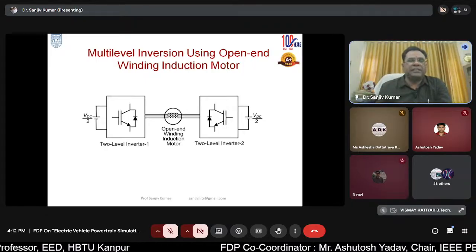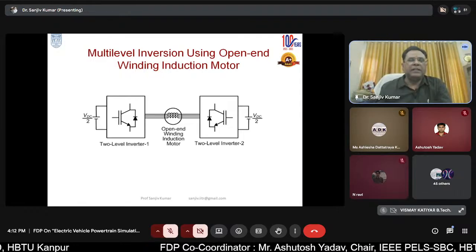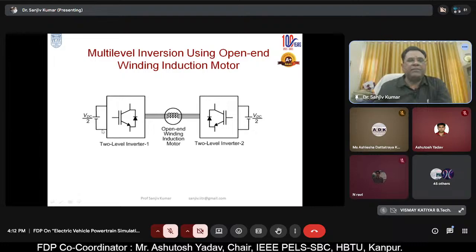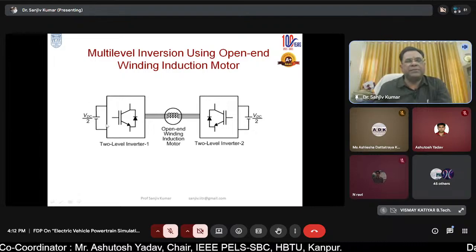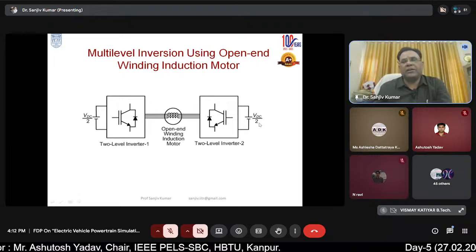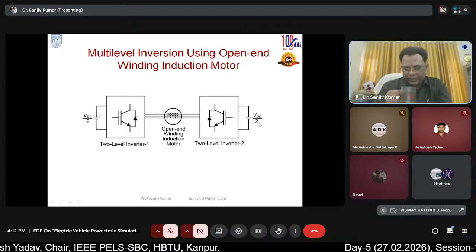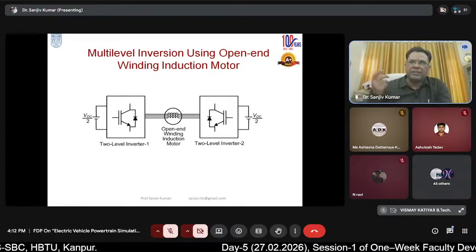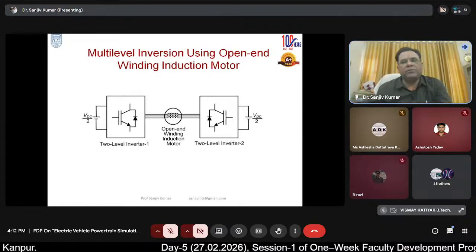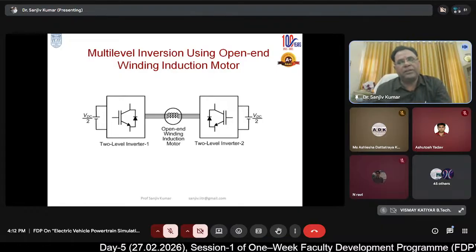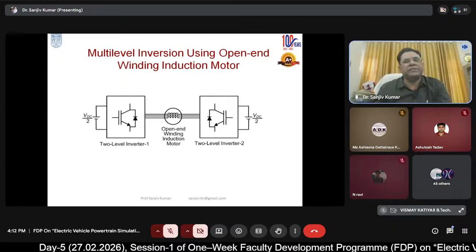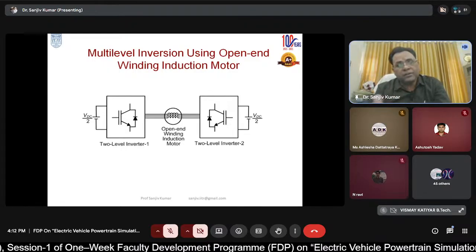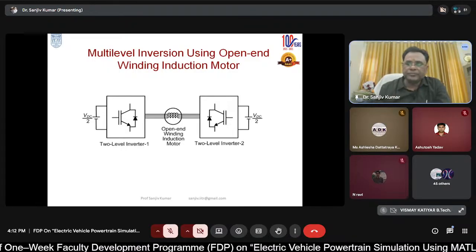Now, the configuration is like this. You can see on the left hand side there is one two-level inverter having battery voltage VDC/2, and the other side of the stator winding is fed by another inverter which also has a voltage of VDC/2. So the total VDC requirement, meaning the DC link voltage, remains the same as required in the normal induction motor.